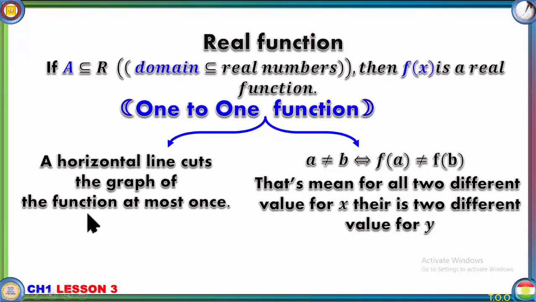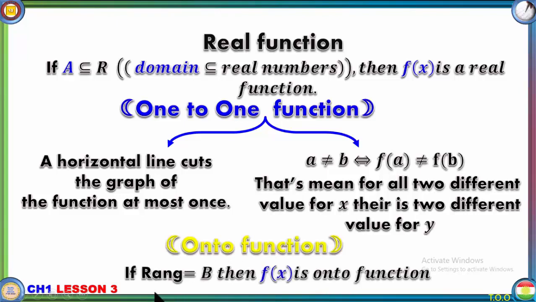But if we have a graph of a function, then if a horizontal line cuts the graph of the function at most once, this function is a one-to-one function. Onto function. If the range is equal to B, then f of x is an onto function.